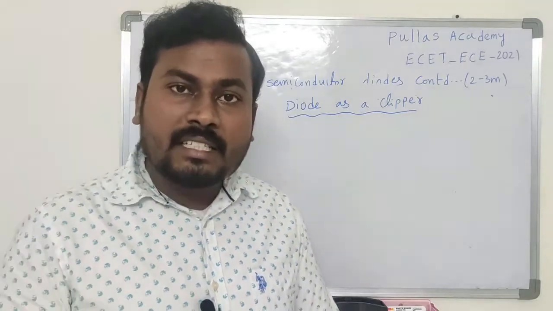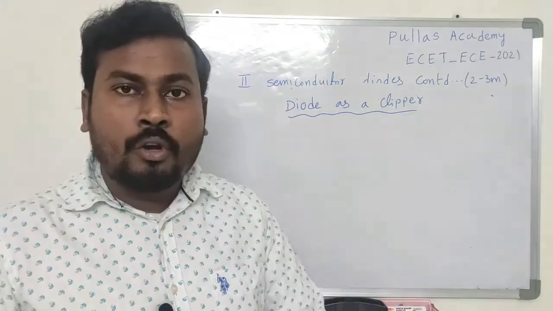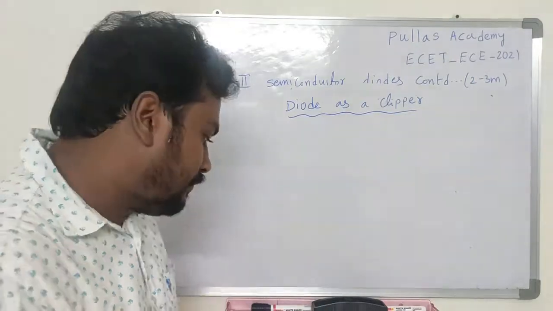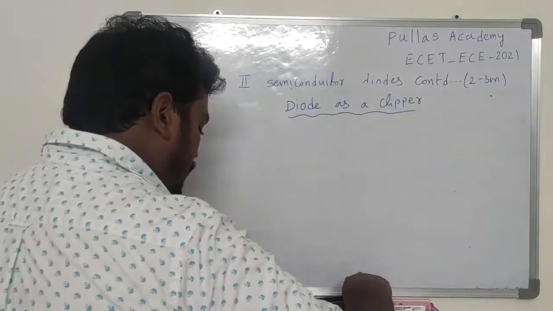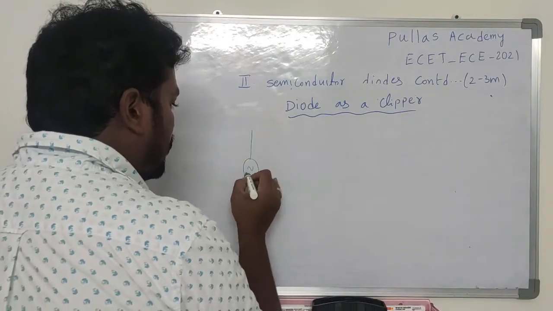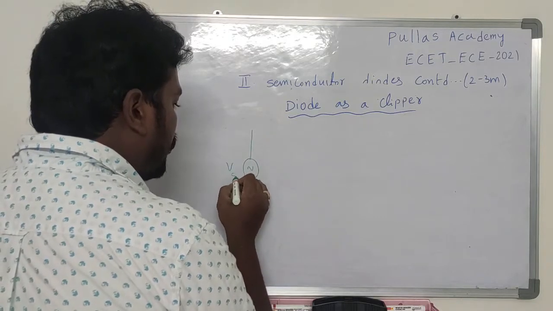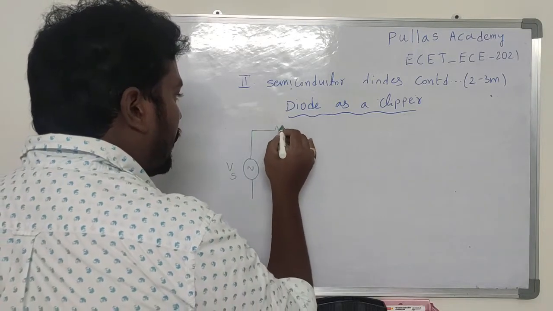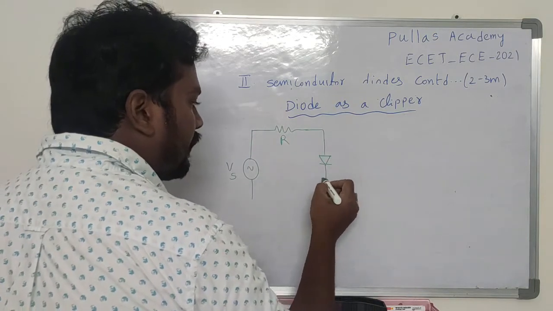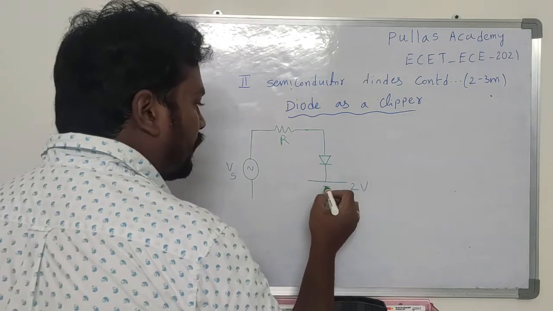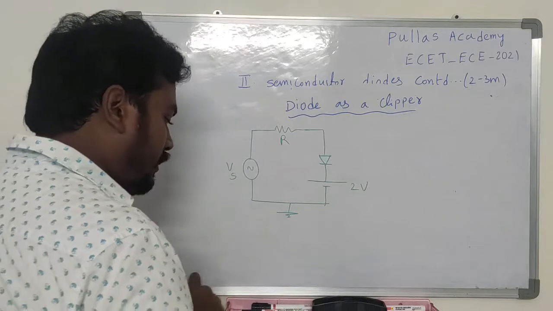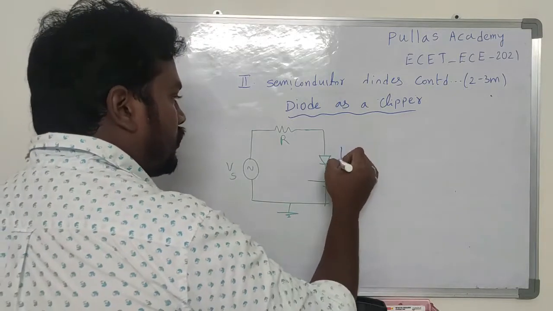Okay, so let me discuss these clipping circuits with one problem so that you can understand everything. So this is the clipping circuit given to you. So this is the diode.